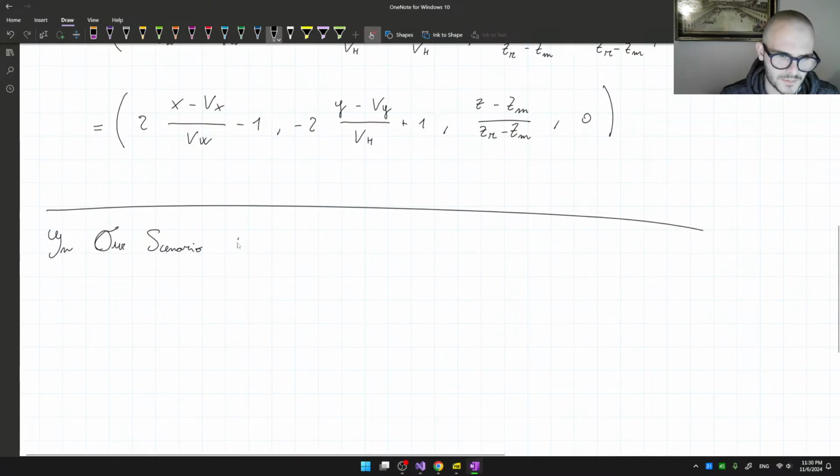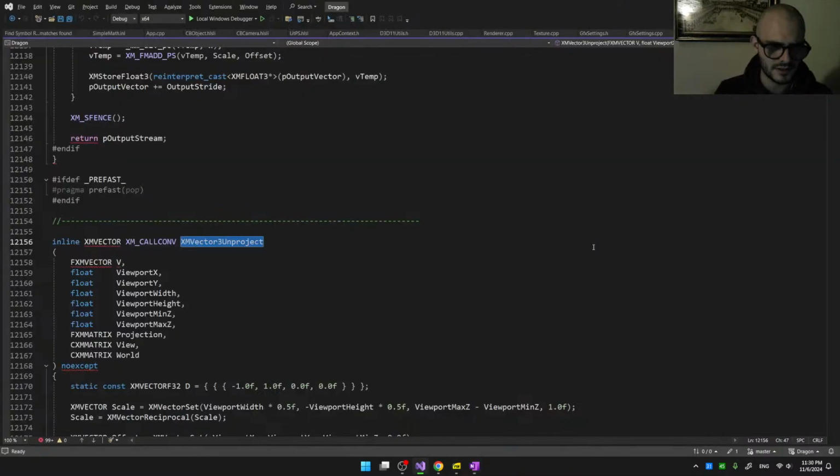In our scenario, the z min is 0, the z max is 1. This should simplify things.